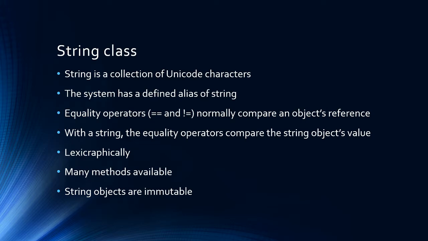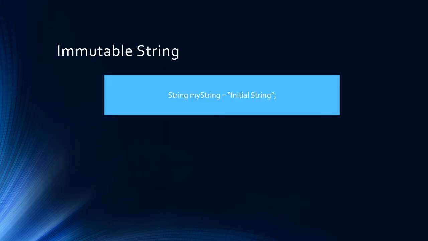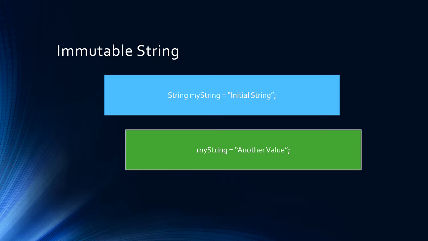String objects are immutable. What does that mean? Well, that means that if I create a string named myString and give it a value of initial string, then in the code somewhere myString is updated to another value. Both of those values remain in memory as long as that string exists.